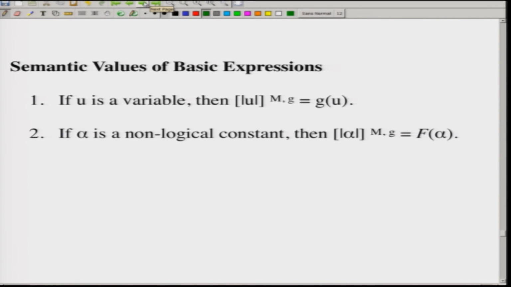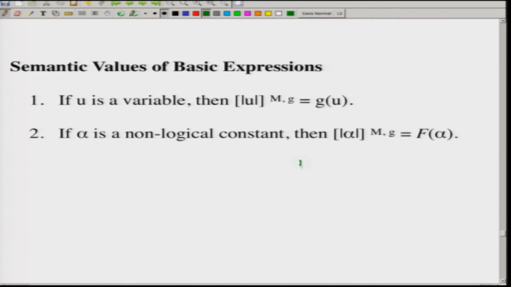And if alpha is a non-logical constant, then its value is given by f. We have at least four non-logical constants: M and B, which are 1 place predicates, and L and K, which are 2 place predicates.